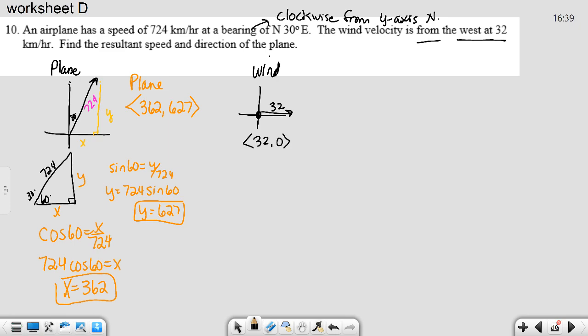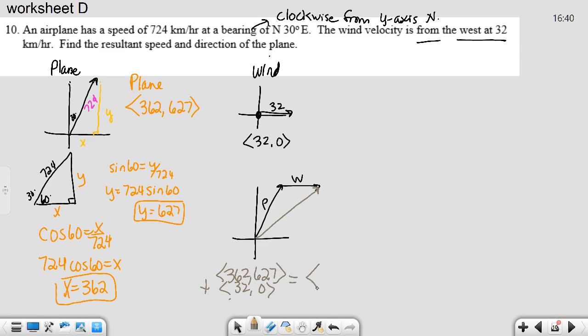All righty. If we're looking for the resultant, we take the plane plus the wind. So my plane plus my wind, 362, 627 plus 32, 0 gives us a resultant of 394, 627.